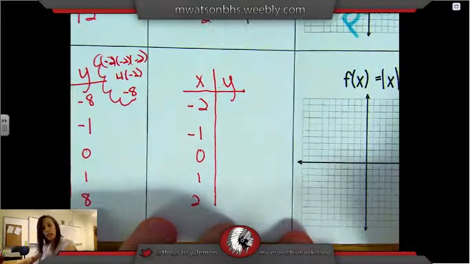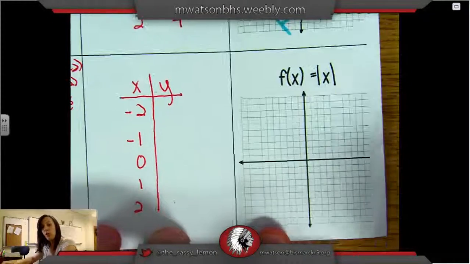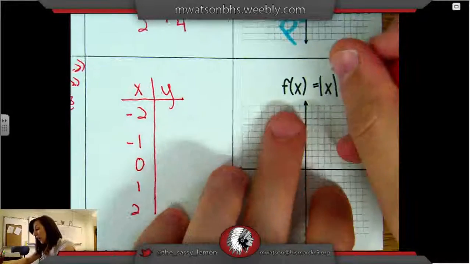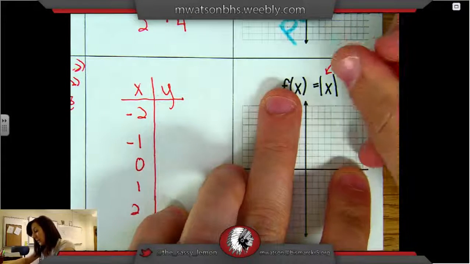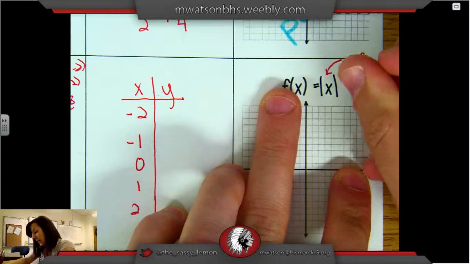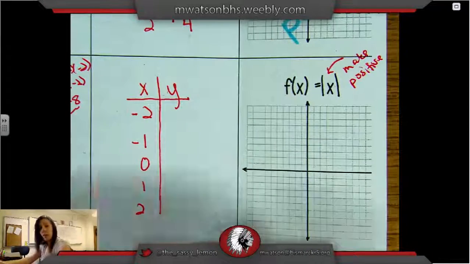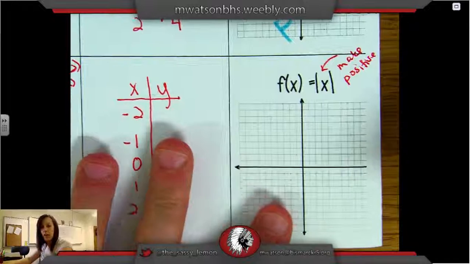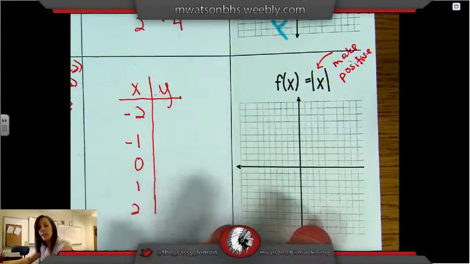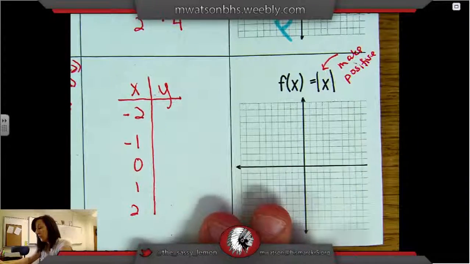And now we're going to plug it in. Now, if you don't remember, absolute value bars basically mean make positive. Absolute value bars make whatever's inside them into a positive.